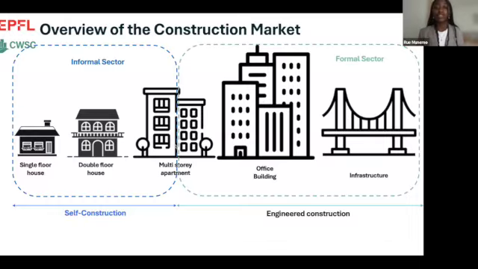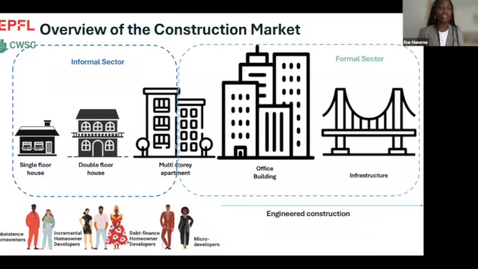So we'll split these two into the formal sector and the informal sector. And when we speak of the informal sector, this isn't to say slums or all of that, but it's rather the subsistence homeowners, the incremental homeowner developers, the debt finance homeowner developers, and the micro developers who are self-financing in their entire construction project.